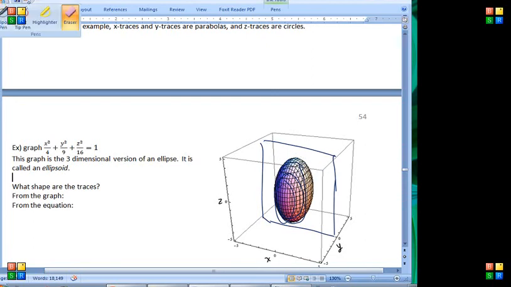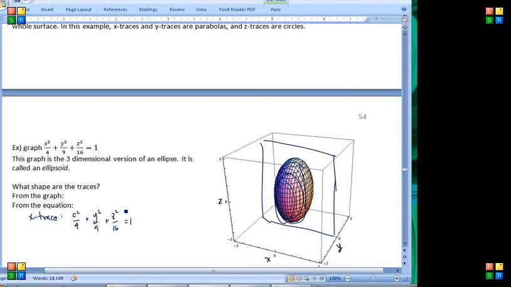Okay. Now, of course, that's using the graph. What about from the equation? Let's look at what an x trace would be. An x trace would give you c squared over 4 plus y squared over 9 plus z squared over 16 equals 1. So what is this? How can we figure this out?